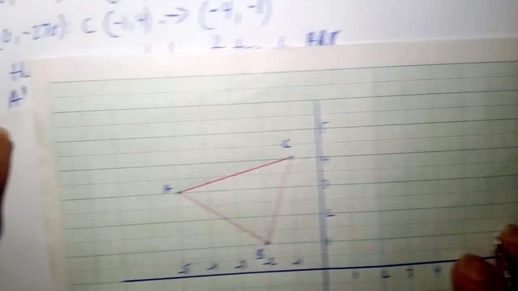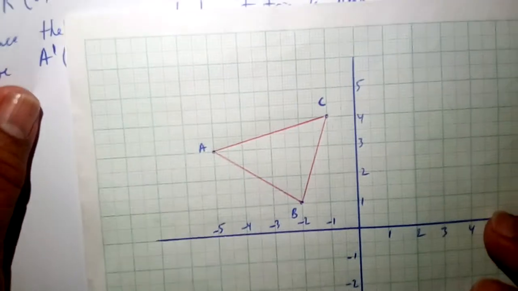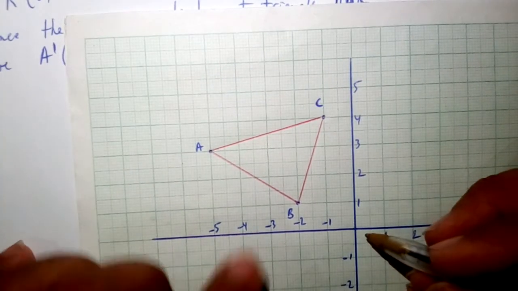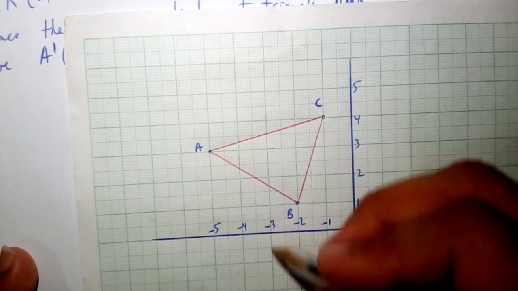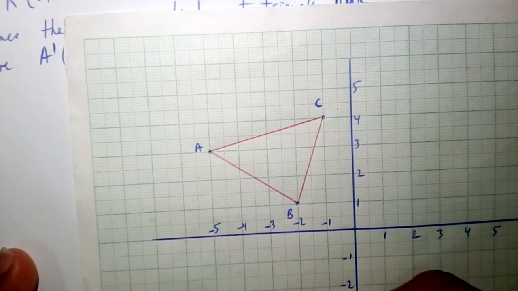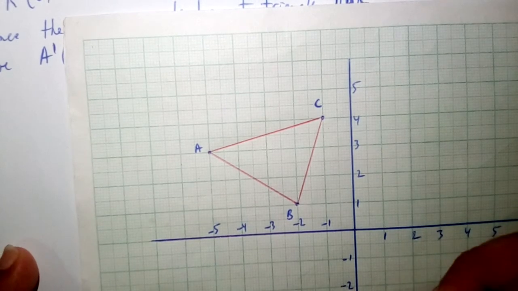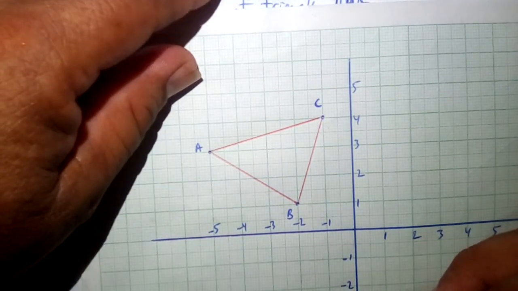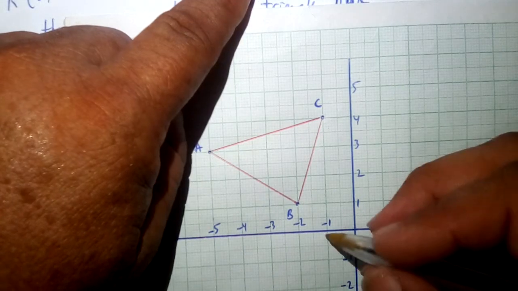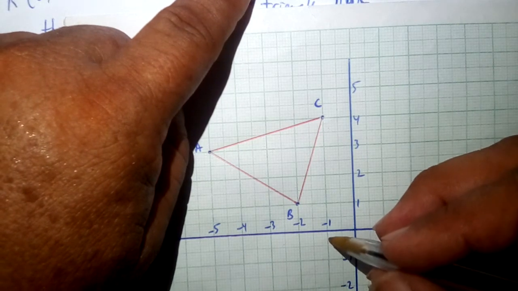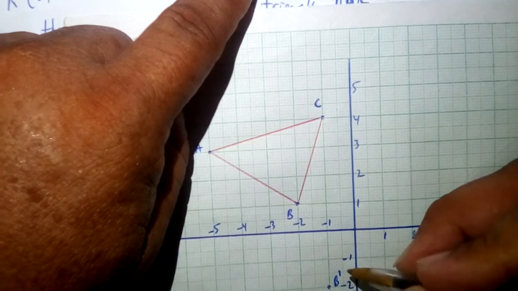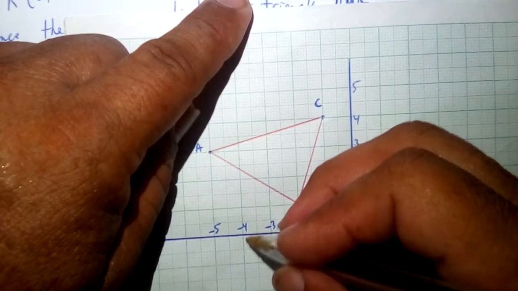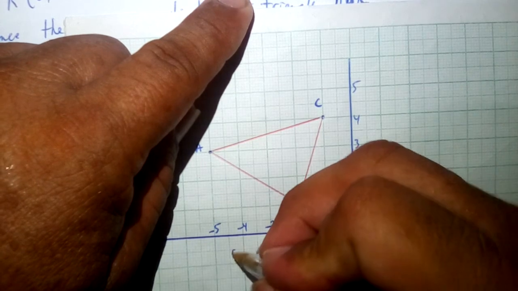So I go and I plot negative 3 and negative 5. You go negative 3 first and then negative 5, which is A prime. Then you go to B, which is negative 1 and negative 2, which is right here, B prime, and then negative 4 and negative 1, which is C prime.